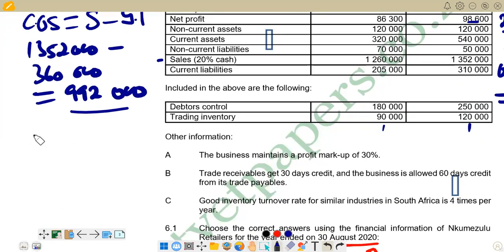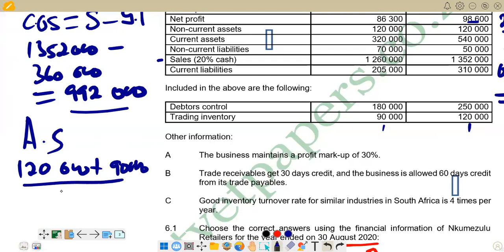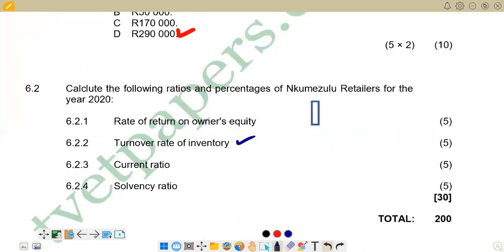We are just adding 120,000 and then we add 90,000, divided by 2. Average stock, we are going to get 105,000. So this is how we are going to present it on our answer section.